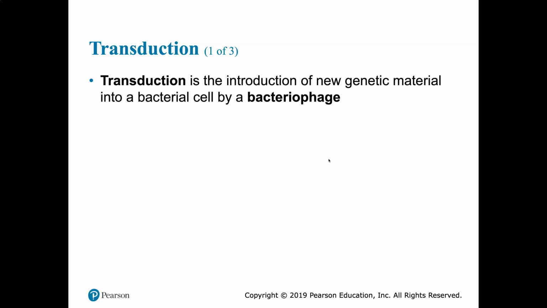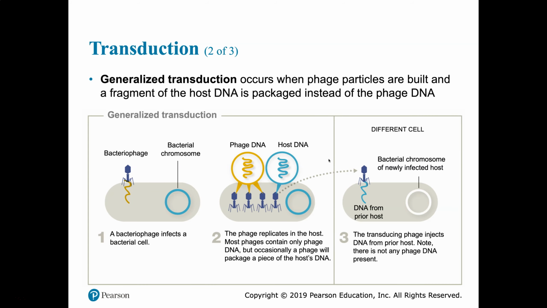It can happen sometimes. How? Well, this is pretty simplistic. It's a bit more complex, but they break it down into a simple form. What they do is the bacteriophage infects the bacterial cell, and for viruses, they take over cells.